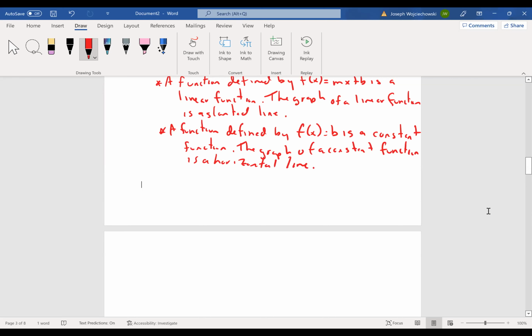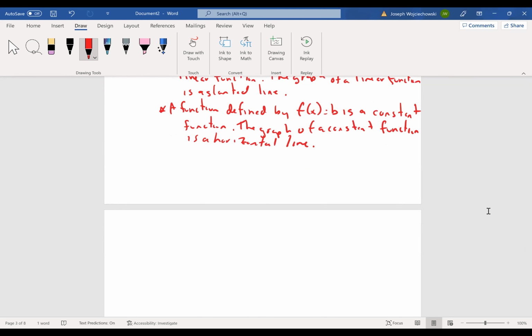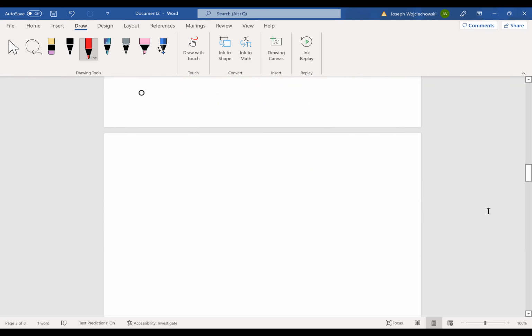So let's talk about some of this. We have: write an equation of the line that passes through the point (-1, -4) and has slope 3.